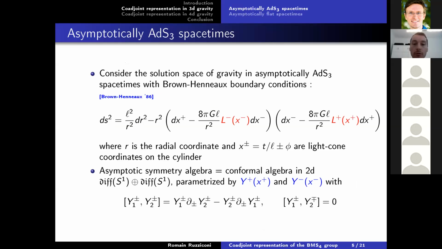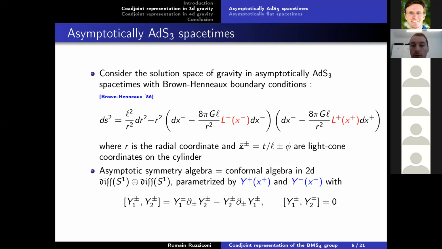So let me now focus on gravity in 3 dimensions, and I will consider the case of asymptotically AdS3 space-time with Brown-Henneaux boundary conditions. So in this case, the solution space takes the following form. So the metric is parameterized by 2 functions, L plus and L minus. So one is chiral and the other is anti-chiral.